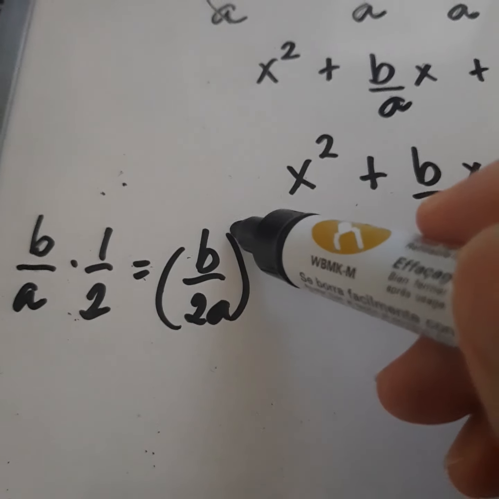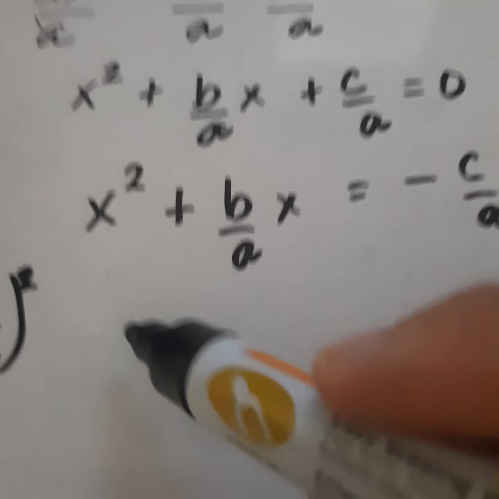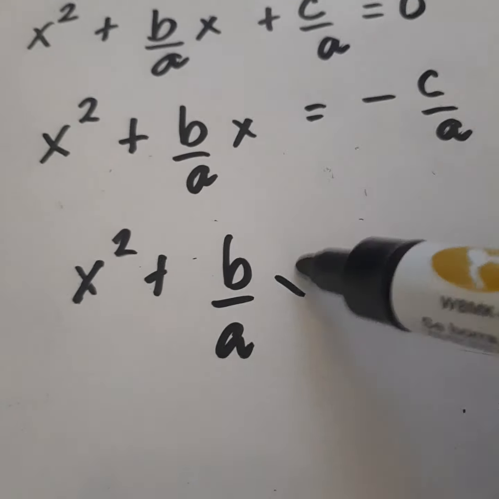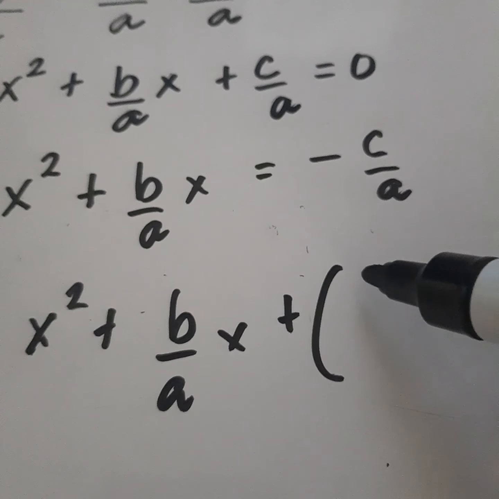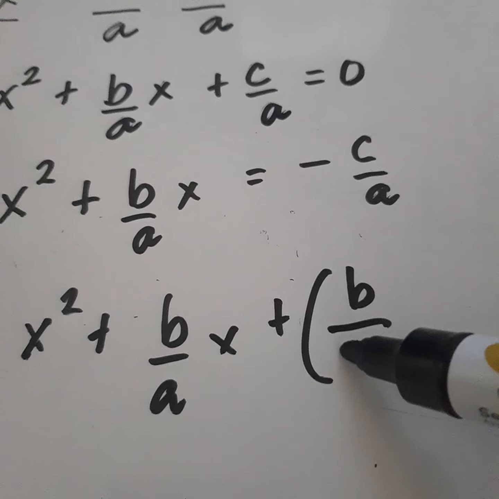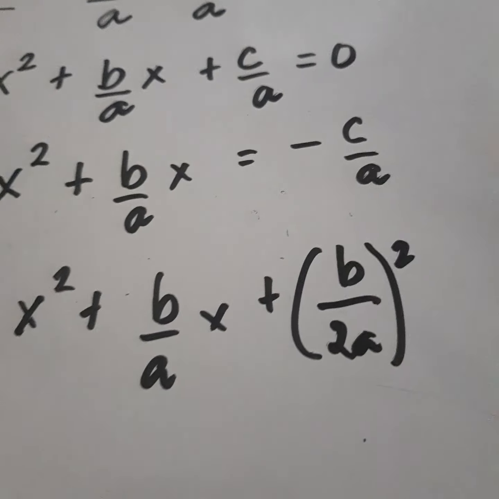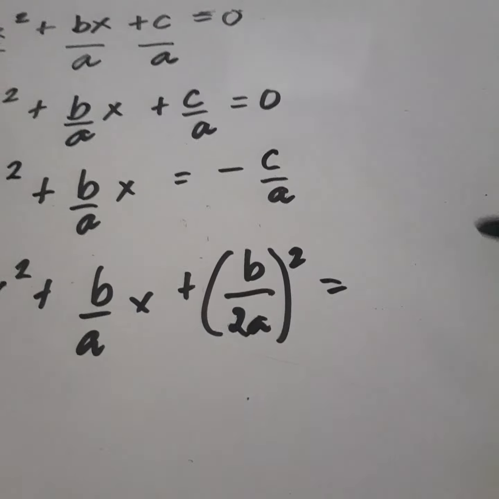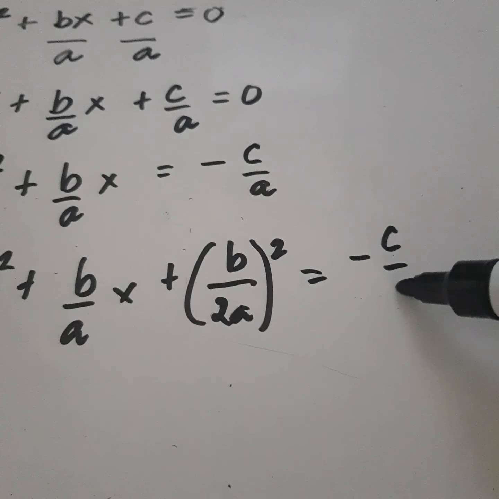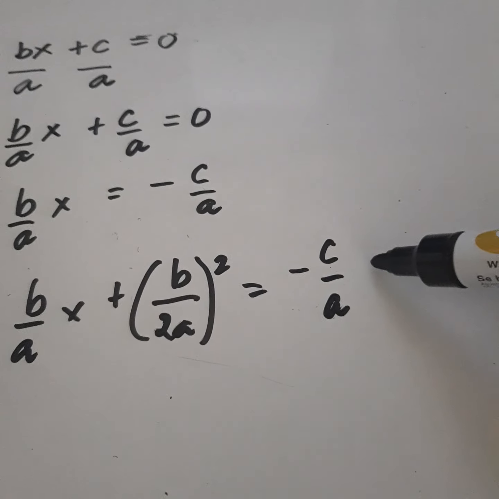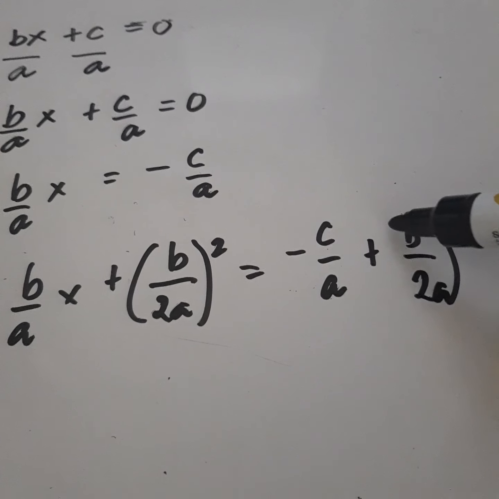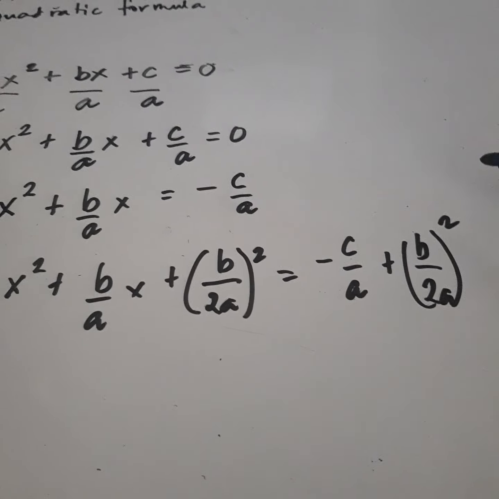And then get its square. So, we have x squared plus b over a x plus b over 2a squared. So this is the third term. So whatever is added in the left side must also be added in the right side. So we have negative c over a plus b over 2a squared.